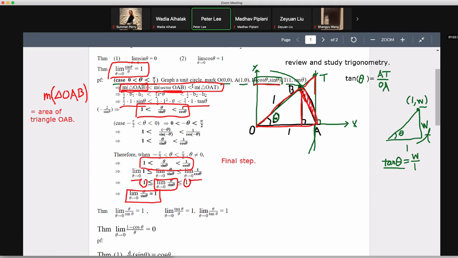So therefore, what is the limit of this original problem here? The limit of this original problem is the limit of sine theta over theta, where theta is approaching 0. What is this limit here? Now we have found that the limit of theta over sine theta is 1.